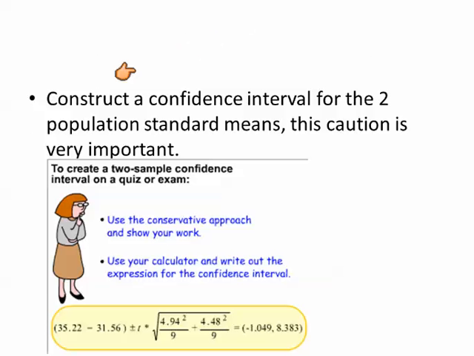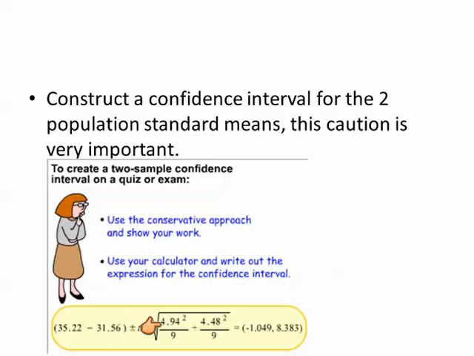Okay? So, we're going to construct confidence intervals for the two population means. Very important caution here. When you're taking the test, if you use the calculator and you write in the numbers, you've got to make certain you show them that you know how to calculate it. You're taking the t times the standard error of this information.